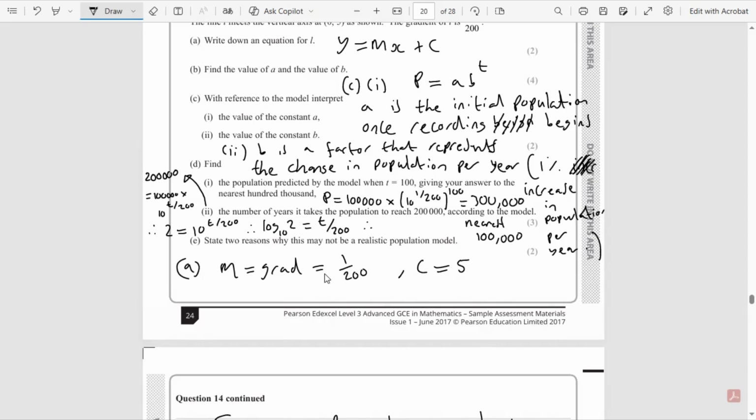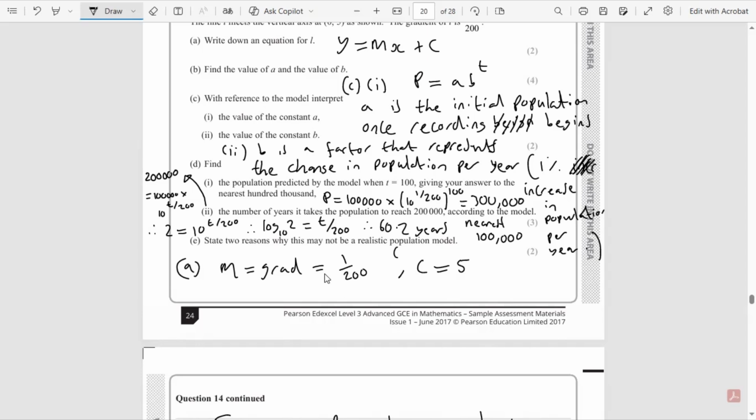So if we do log base 10 of 2 and then times by 200, this gives me about 60.2 years to 3 sig fig. So I'm going to just say here 60.2 years to 3 sig figs.